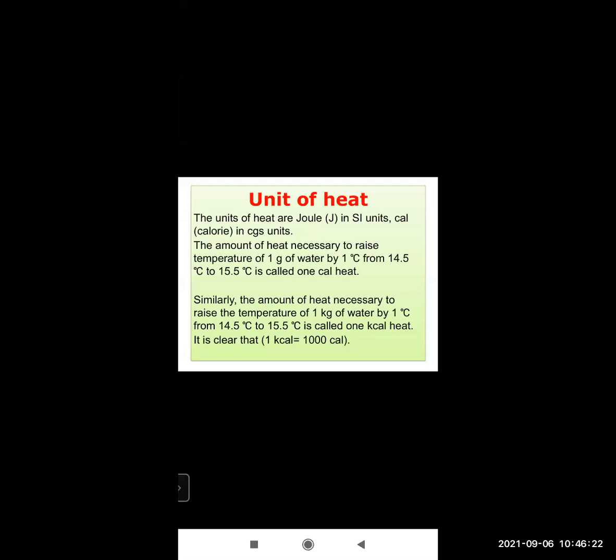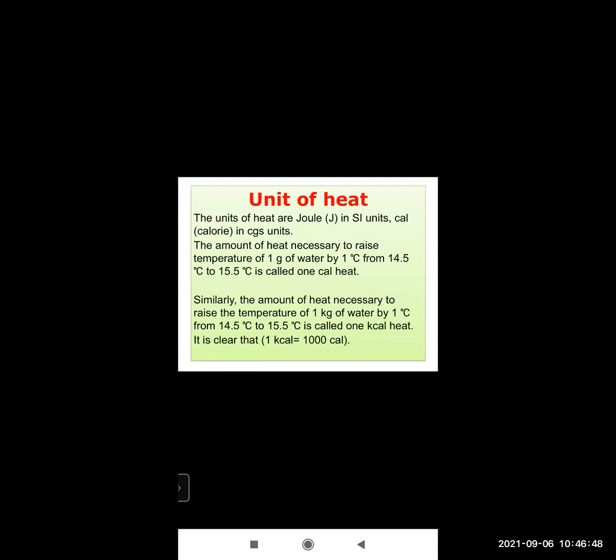You have to underline the definition and understand the difference between both the definitions: 1 calorie heat and 1 kilocalorie heat. Here, the amount of heat necessary to raise the temperature of 1 gram of water by 1 degree Celsius from 14.5 degrees Celsius to 15.5 degrees Celsius is called 1 calorie heat.